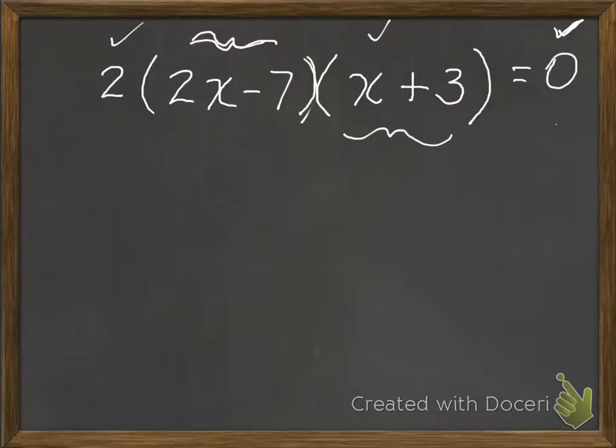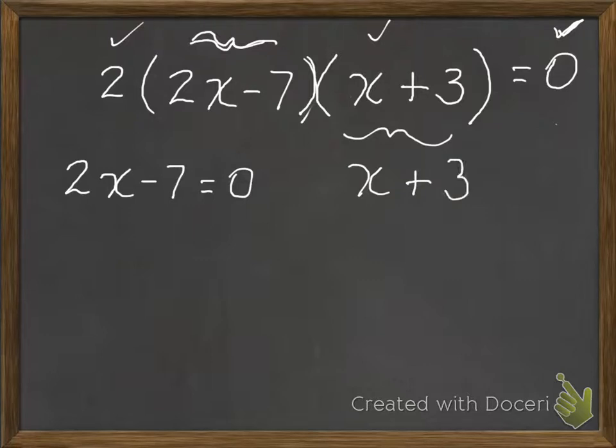So what we want to find is what x will make each of these factors 0. Because that x that makes each of these factors 0 will make the entire equation equal to 0. So we solve for x in both cases.